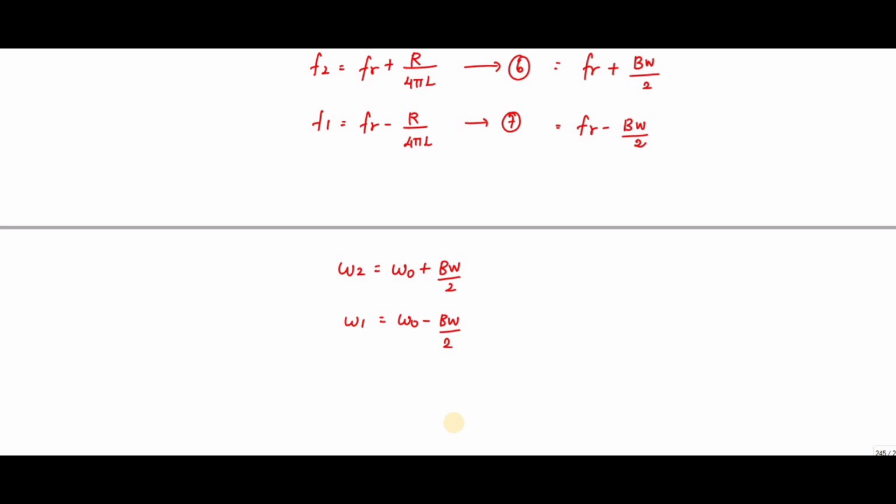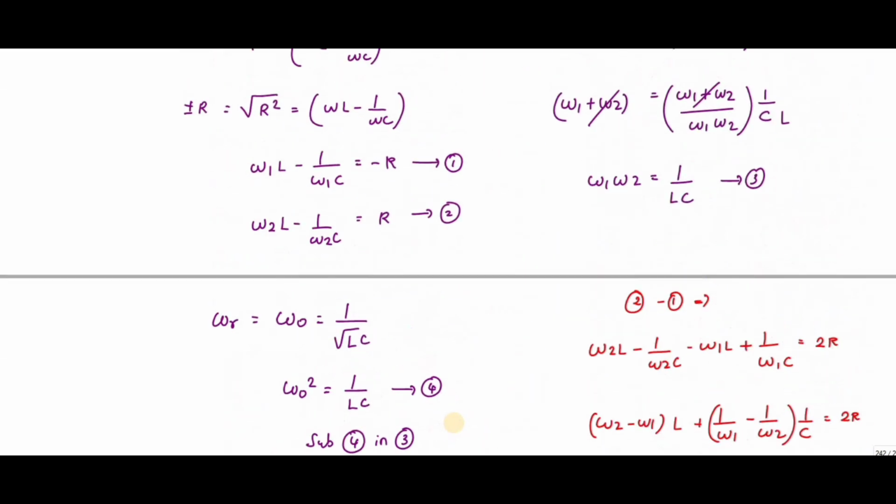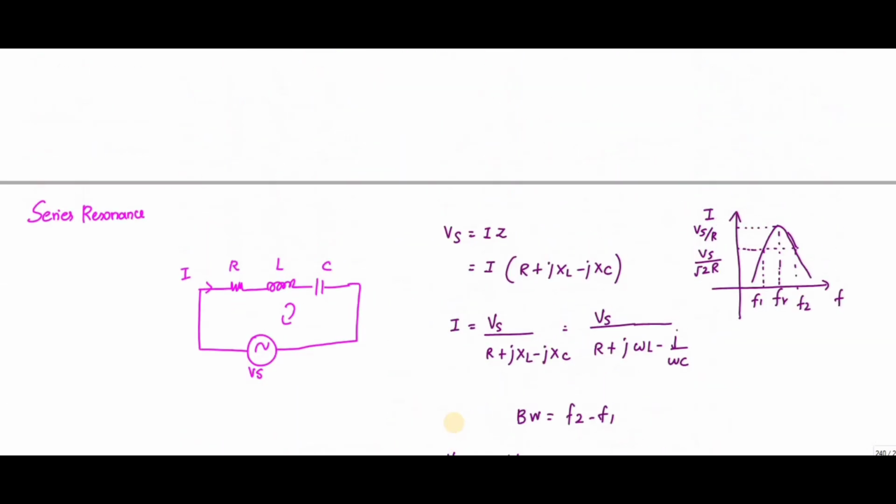So now let me explain this one. If you see the graph, here the R value is small. If the R value gets increased, you can see the bandwidth is increasing and the selectivity gets reduced.